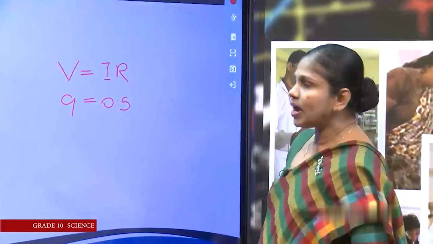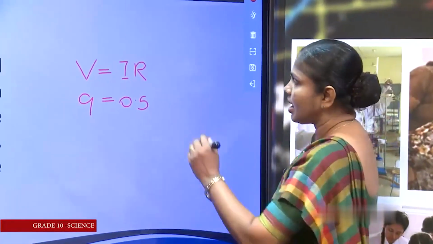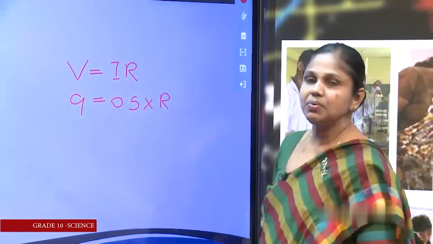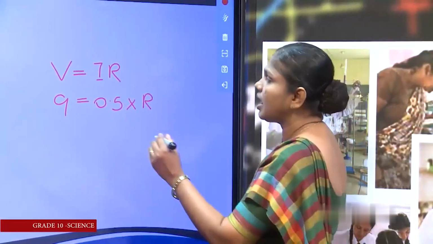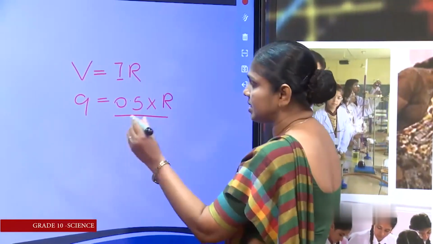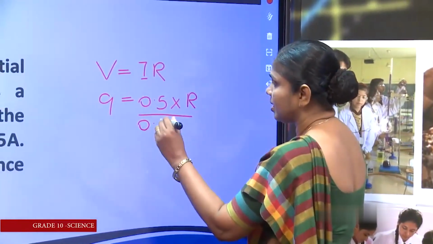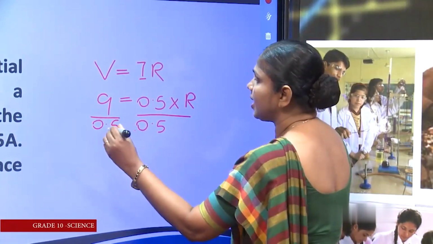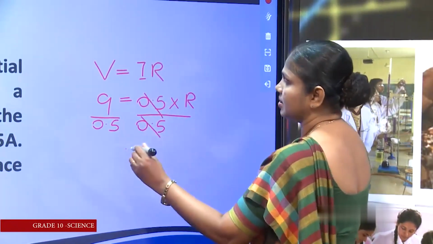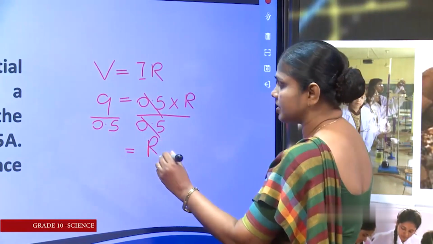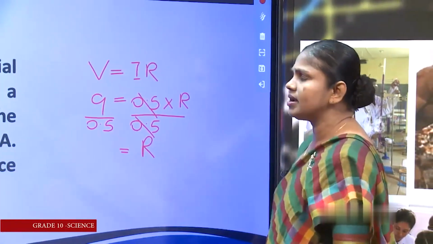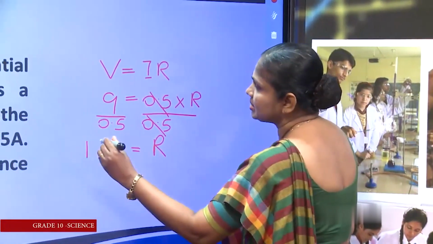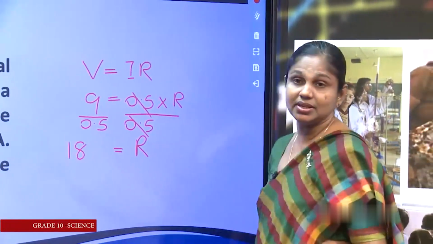Then what is the unknown thing? The unknown figure is R, resistance. How to get the resistance? This is simple mathematics. You have to divide both sides by 0.5, then you get R isolated. When you divide 9 by 0.5, you get 18 as the answer.